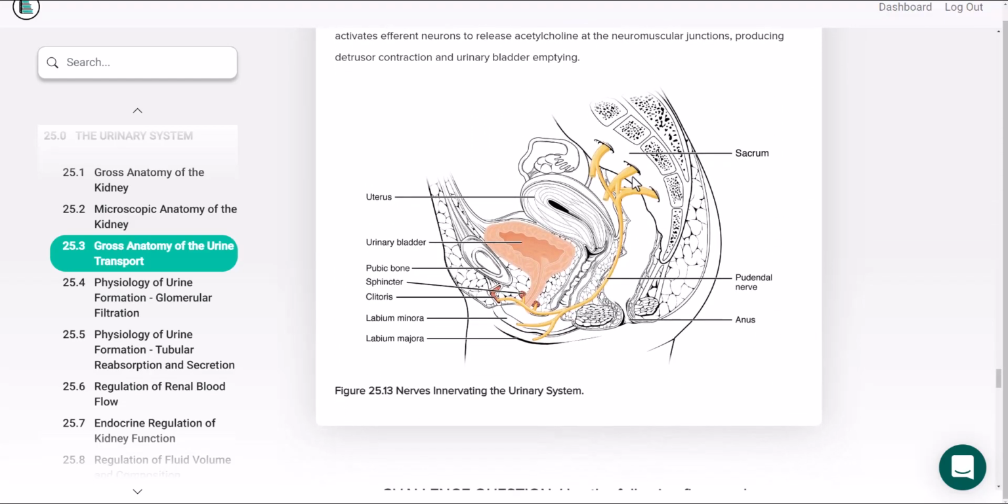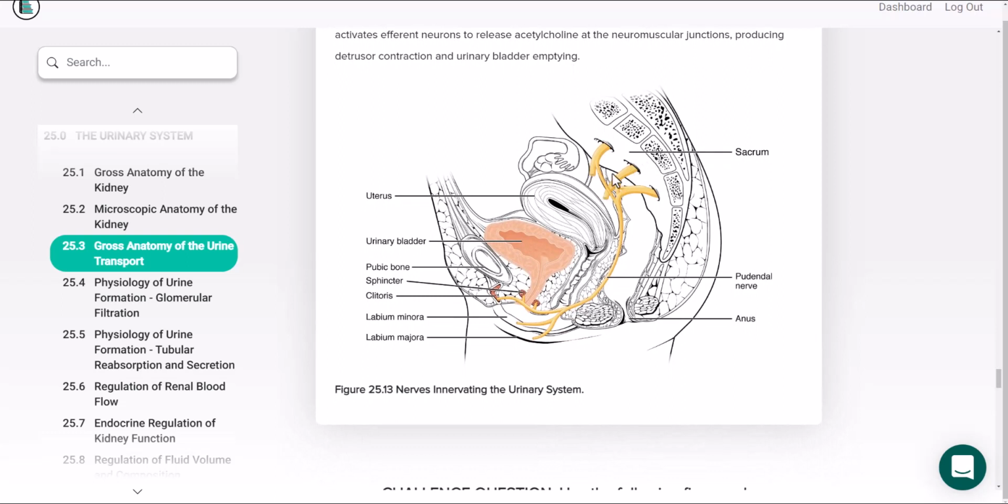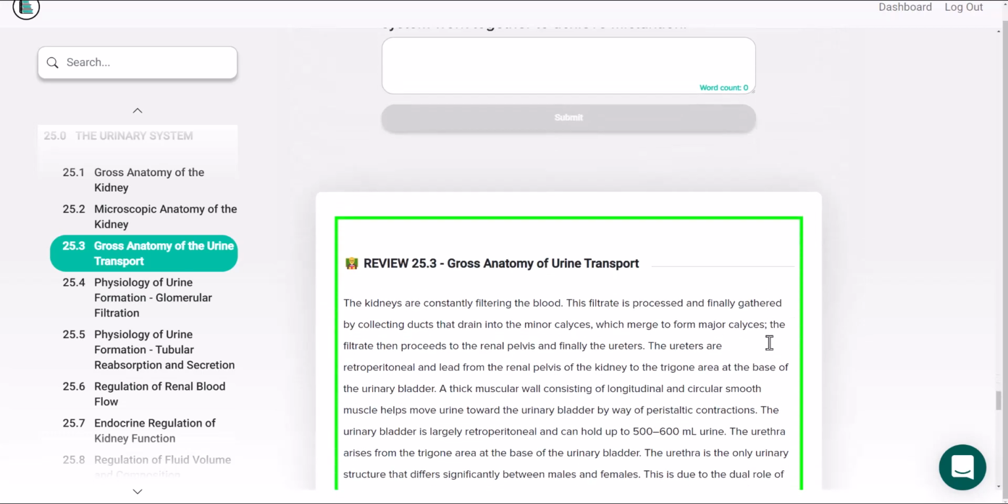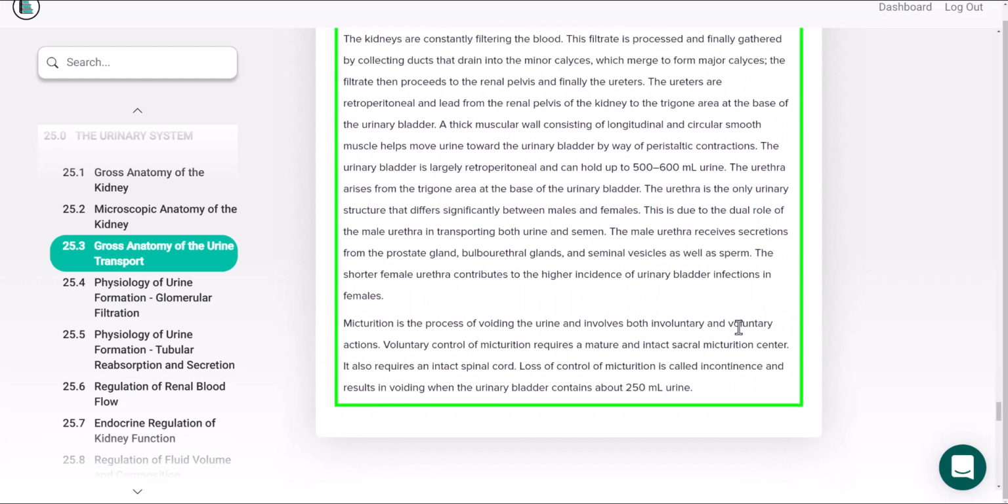Again, the pudendal nerve from the sacral plexus comes over and innervates your sphincters as well as the anus, and is involved both in urinary and in some of the reproductive responses as well. So that brings us to the end of 25.3.